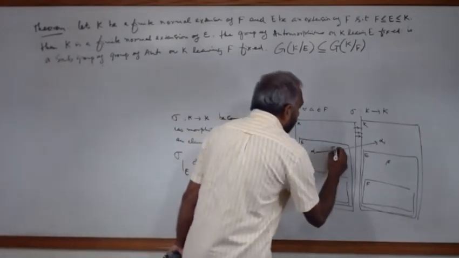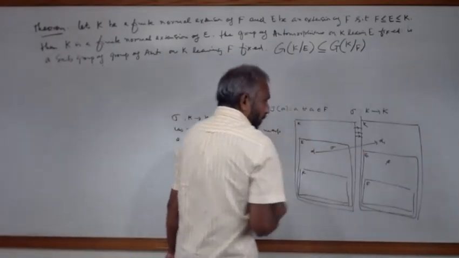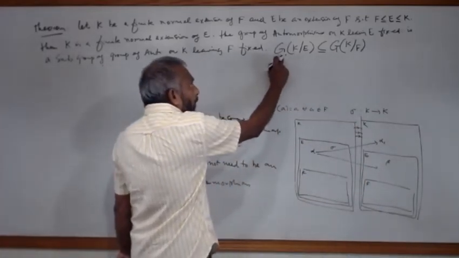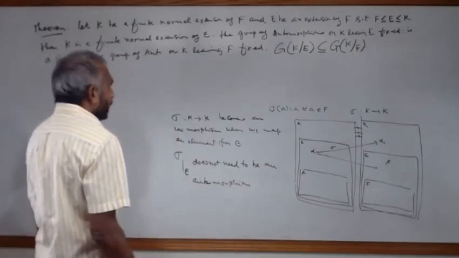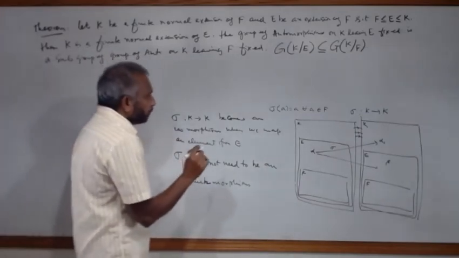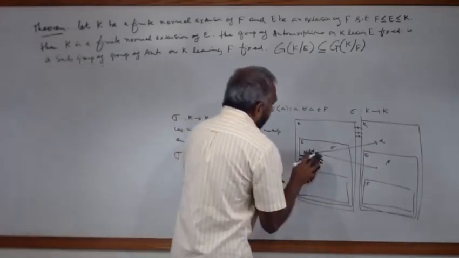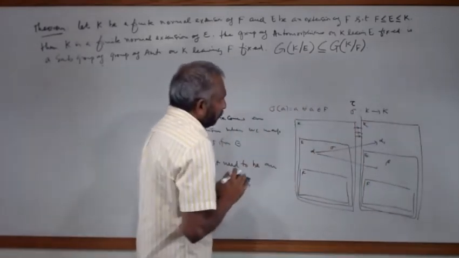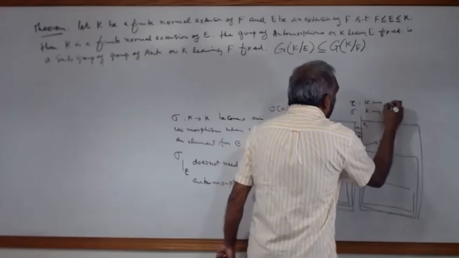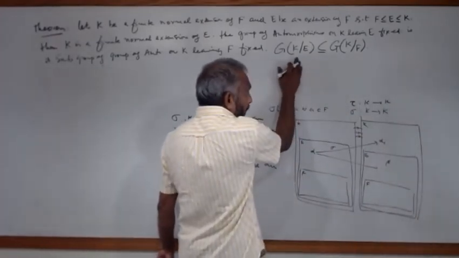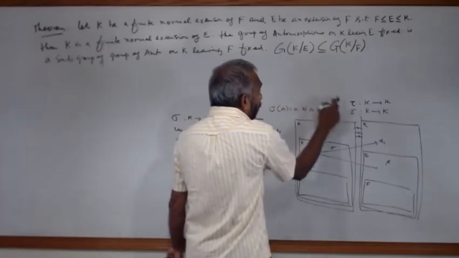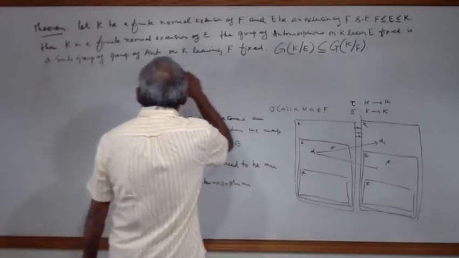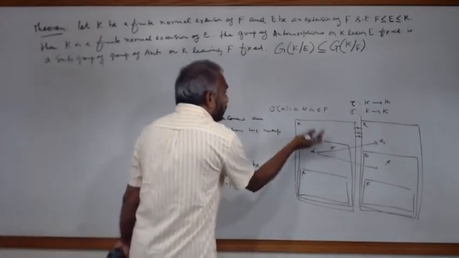So sigma can map here, or sigma can go here also, or it can go here also, and that is the case when it falls into G of K over E. So if you take two of such automorphisms on K, which are not in here, both of them actually induce isomorphisms on E. So the next statement is to compare those isomorphisms.